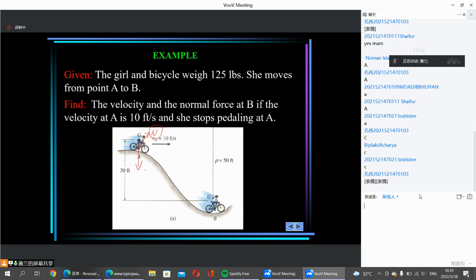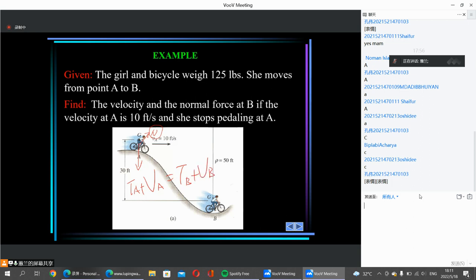Only the weight does work on the girl. And we know gravity force is a conservative force. So that means the energy should be conserved. That means TA plus VA will equal TB plus VB, right?